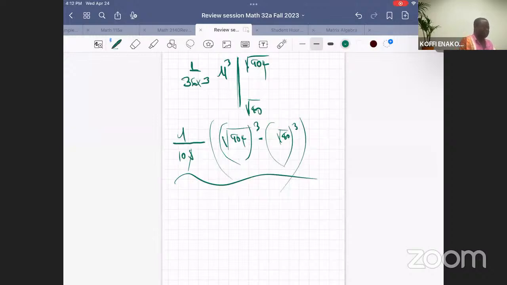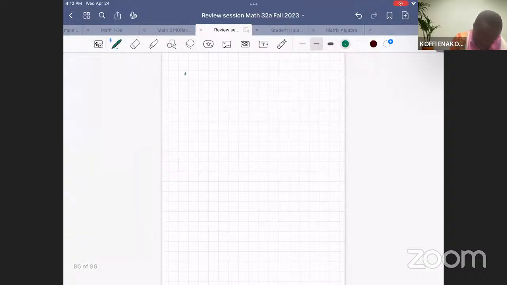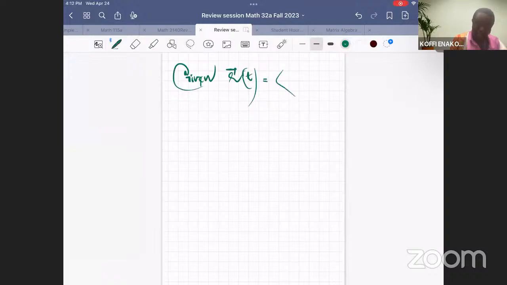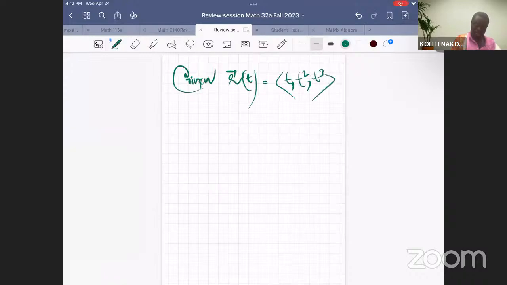Okay, so if there is no question, let's continue with another assignment. Given r of t, find the equation of the tangent line.